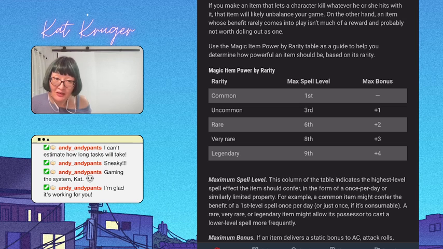Associated with those types are the maximum spell level you can attach to the magic item and the maximum bonuses that you can attach as well. I think this is really great when you're starting out because you can refer to this to know whether the rarity you've assigned something is truly working, or if it's overpowered for that rarity type.